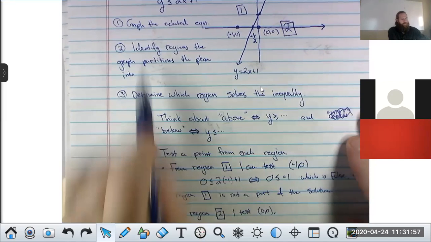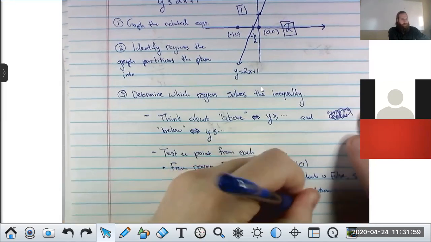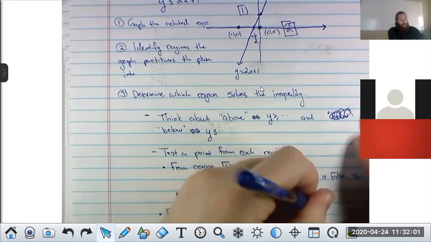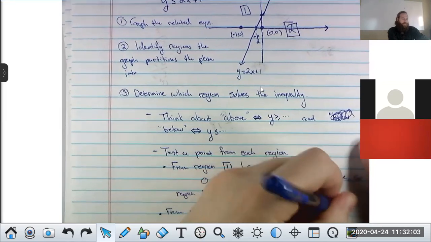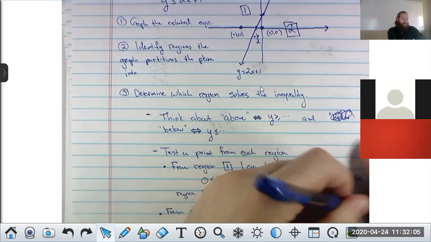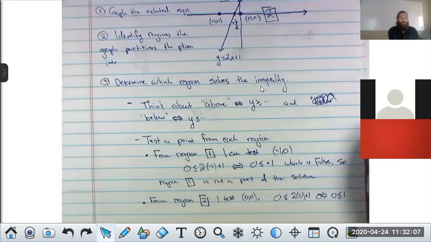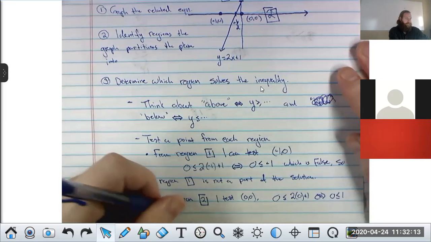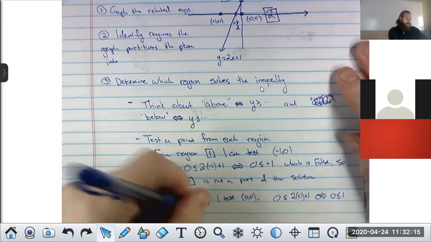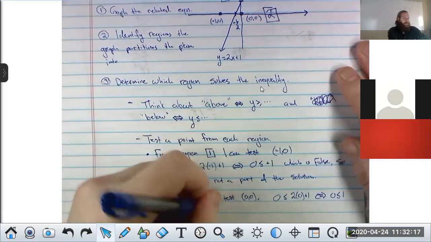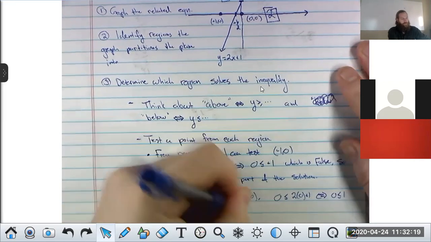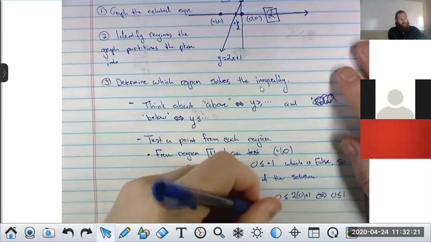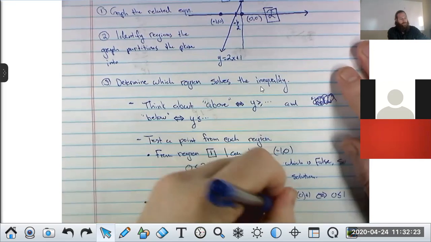Plugging in 0 for y and 0 for x, I get 0 is less than or equal to 2 times 0 plus 1, which is the same as saying 0 is less than or equal to 1, which is true. Hence, region 2 is a part of the solution.